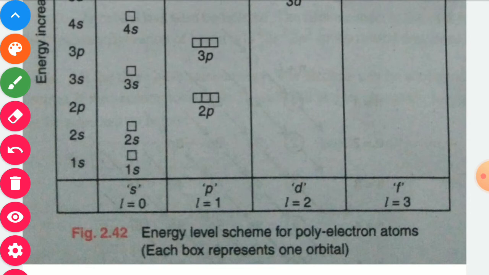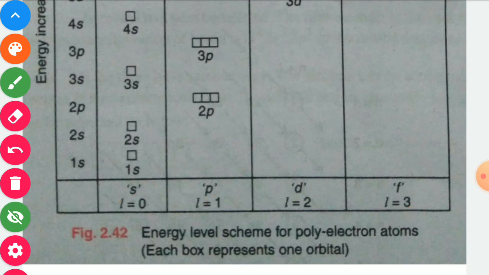So here l value 0 means the principal quantum number value is 1. l value 1 means the principal quantum number value is 2. l value 2 means principal quantum number value is 3, and l value 3 means principal quantum number value is 4. So l value 0 indicates which subshell? s subshell. l value 1 indicates p subshell. l value 2 indicates d subshell, and l value 3 indicates f subshell.